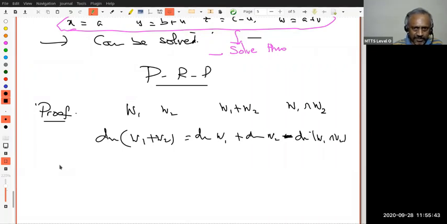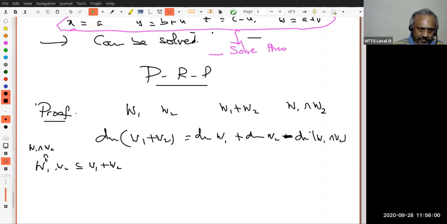Once you understood this, you have taken an important step in linear algebra. Whenever there is a subspace, remember W1 and W2 are subspaces of W1 plus W2, and W1 intersection W2 is a subspace of these two, right?